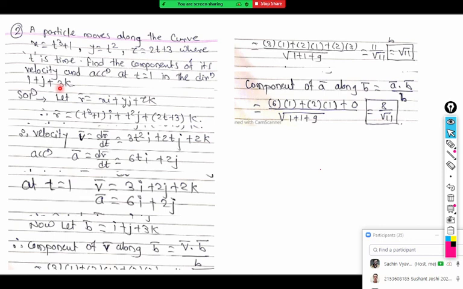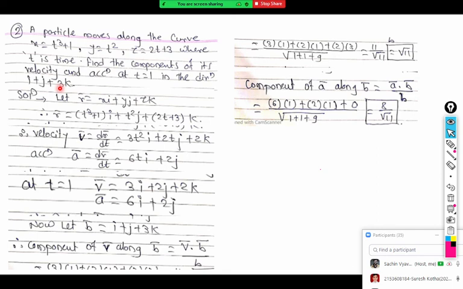Because in circular and hyperbolic paths, the acceleration has a fixed direction. If you project that acceleration on the same vector, you will get the entire magnitude there.